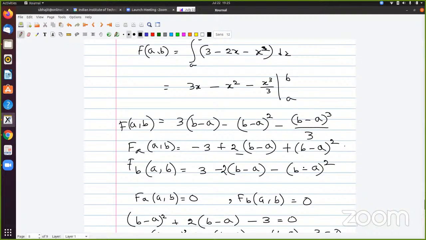Why minus 2? If we do f_ab, with respect to a and then with respect to b, it is plus, no? If f_b is differentiated with respect to a, then it will be plus, no?